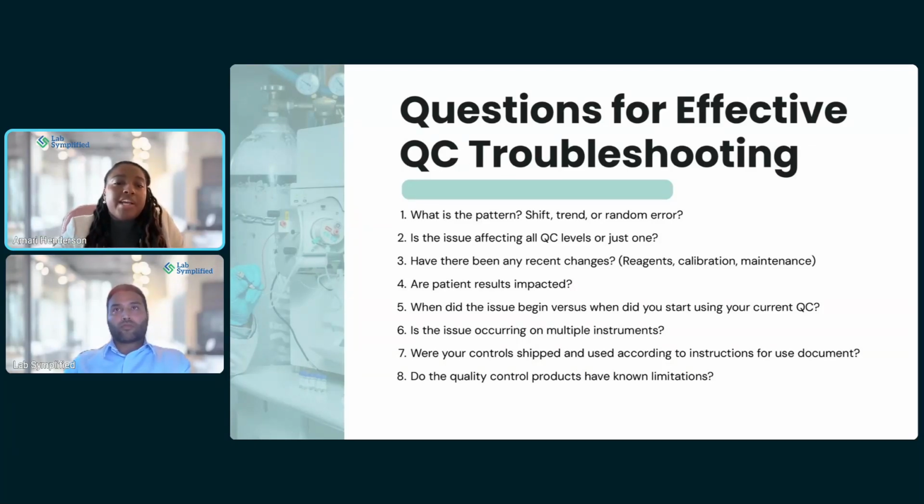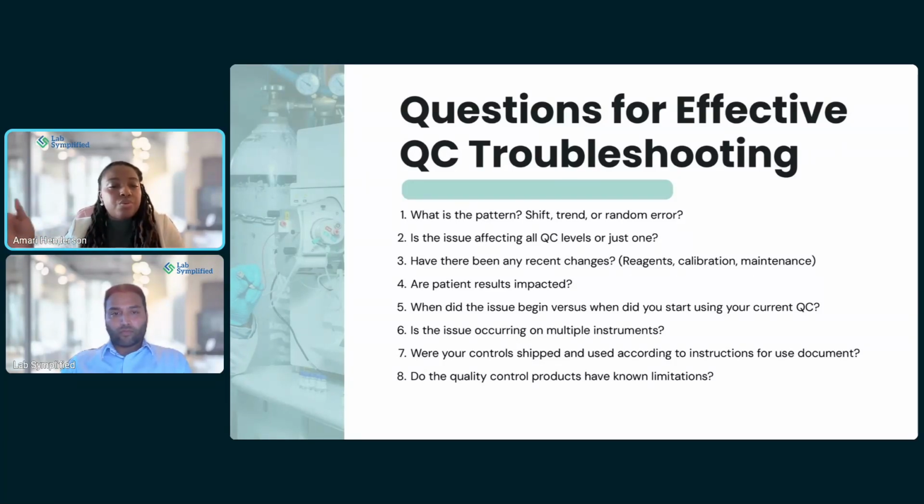Are patient results impacted? So I think this is really important. If you start to have a quality control related issue and you mainly want to do some sort of correlation study, if you tried rerunning the control, that didn't work, you tried a new vial, you've tried to look at your reagent lot, you tried to pinpoint what has changed, but you can't quite pick up on that, the next question is, are you seeing the same issue with your patient or proficiency samples?